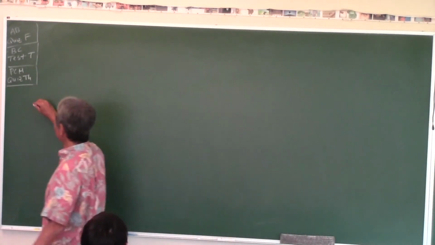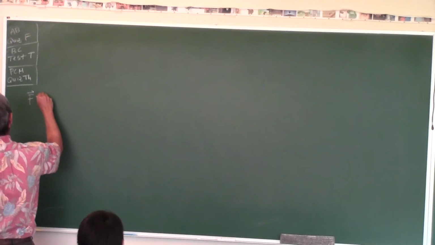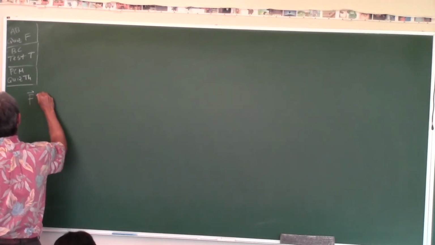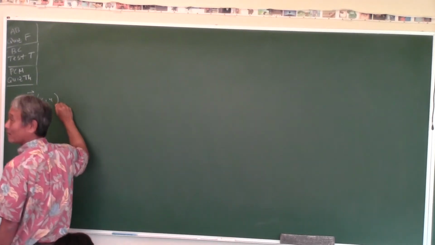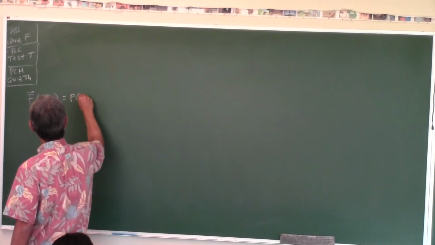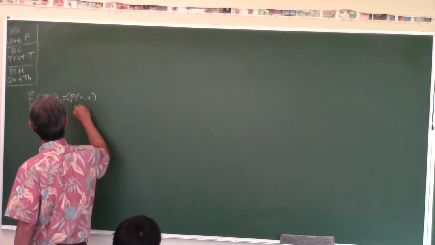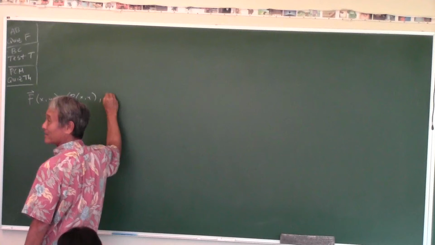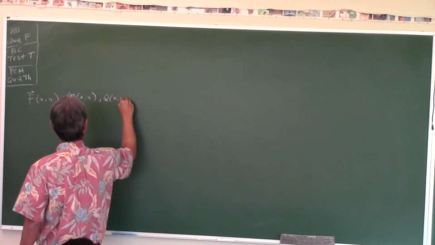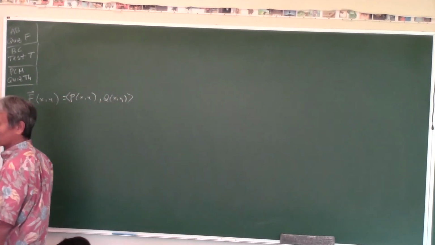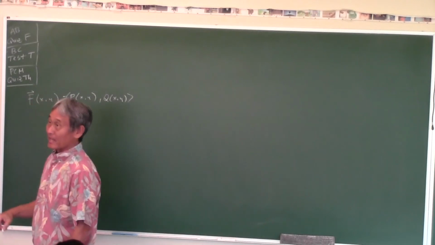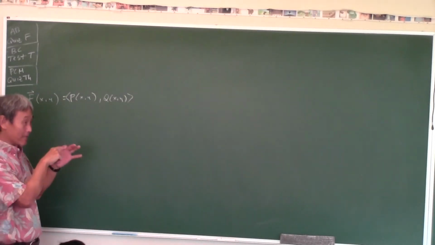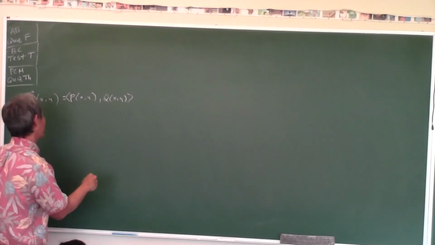Okay, so here's your force vector. I'll put x and y. Force vector is p of x and y, I don't like to write the i, I'm just going to write that, and then q of x and y, j. So here's your force vector. Then if it's a closed region, again, it means you start and end at the same place.